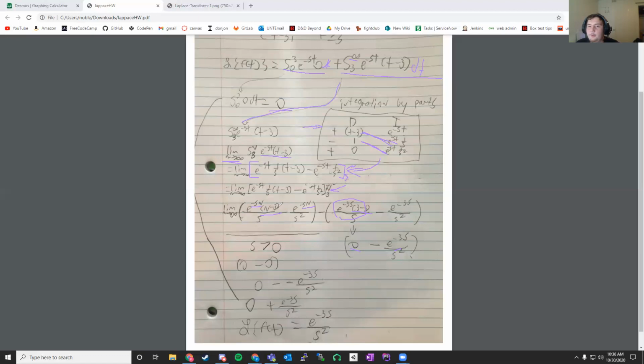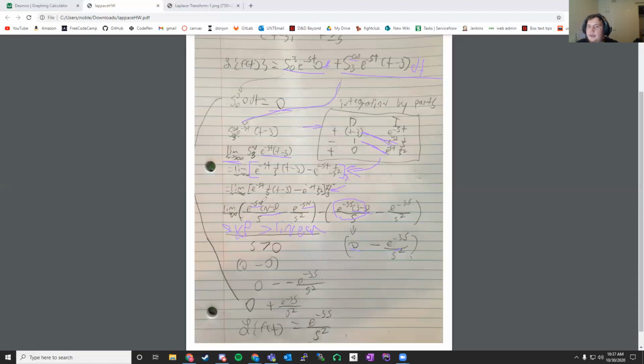And n minus 3, that's going to be infinity either way. Important thing to note, though, e to the power negative sn is exponential, whereas n minus 3 is linear growth. And exponential is greater than linear, so we can just focus on those e powers.